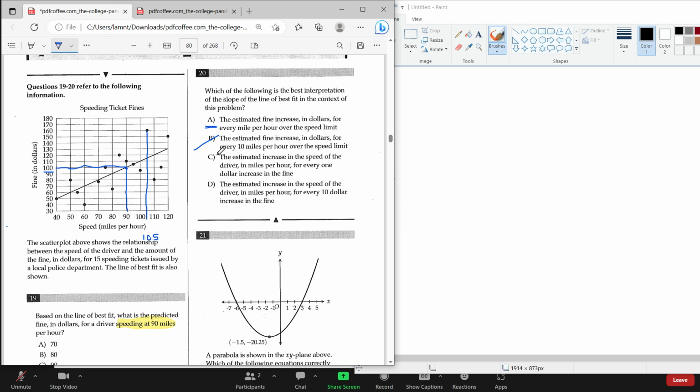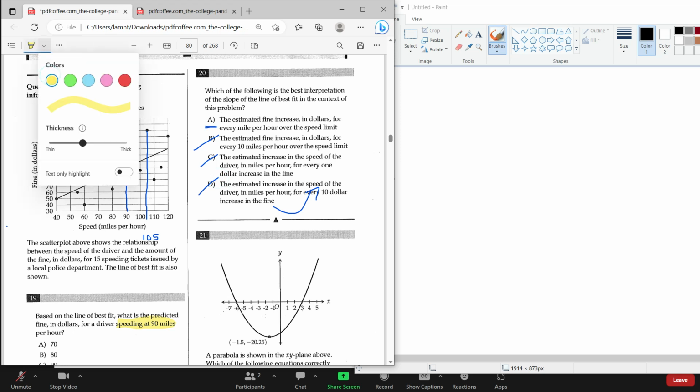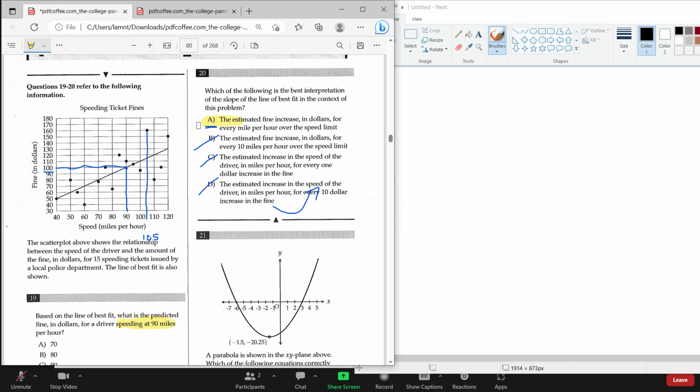So C is wrong. D, the estimated increase in the speed of the driver in miles per hour for every $10 increase in fine. Again D is using the fine to predict speed, so D is wrong for the same reason as C. So the answer is A.